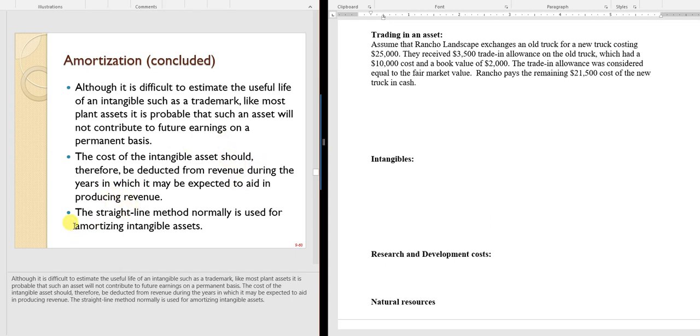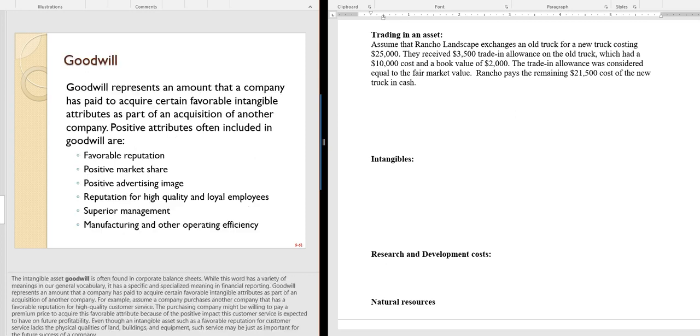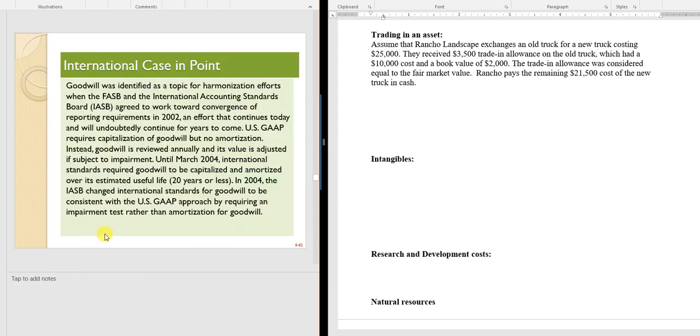Okay, you can read through those. Straight line method is normally used. Goodwill, we talked about what goodwill is. Goodwill is when we can't really attach a reason for paying more for it, and these are some examples of why we would pay more for a business than the assets are worth, and we call that goodwill, and you do not amortize goodwill.